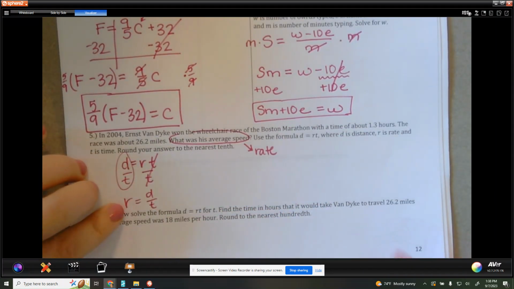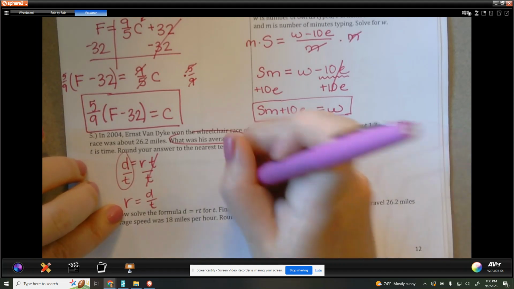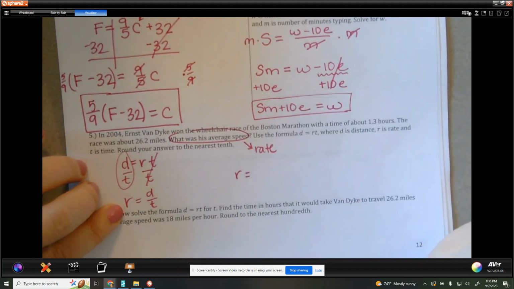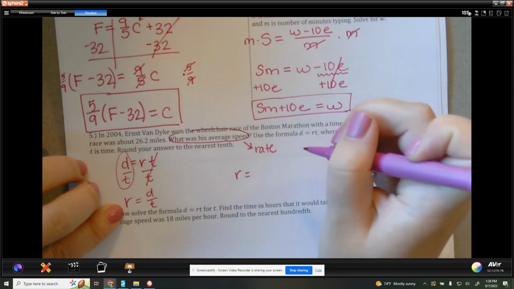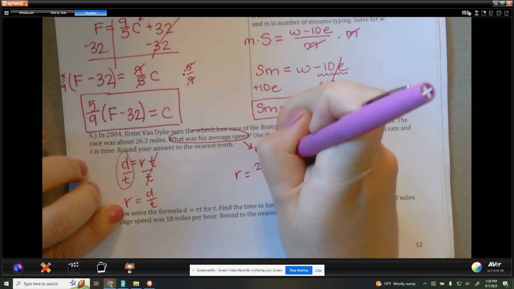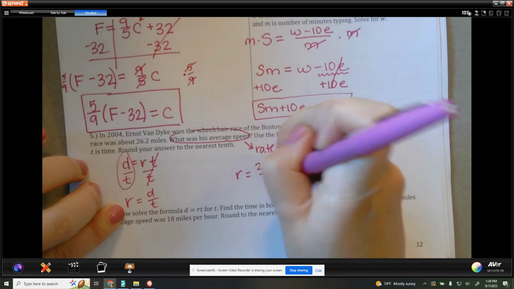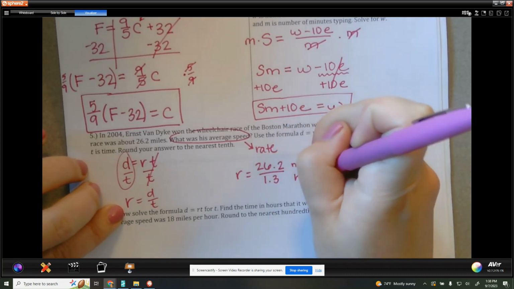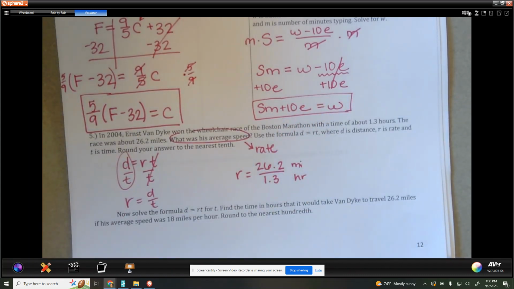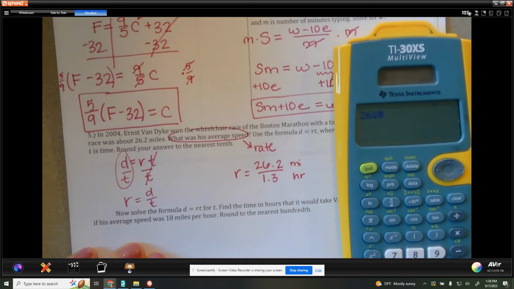Okay, so we're going to use this, and let's plug in what we know. Rate is equal to, he went a distance of 26.2 miles in 1.3 hours. So we could divide this. Got my calculator here. Time was in hours. So 26.2 divided by 1.3.